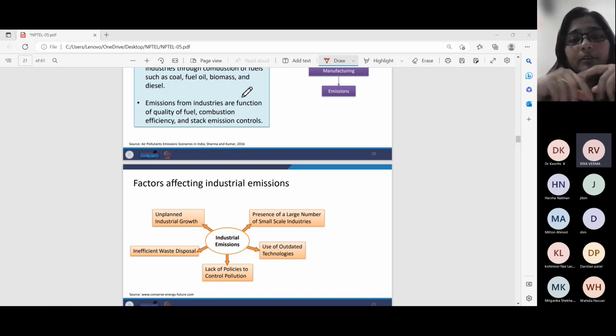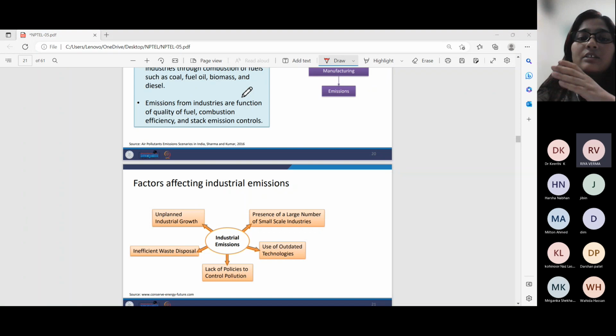Then the presence of a large number of small scale industries. If there's one large scale industry generating some amount of output, and we have, for example, 5-10 small scale industries generating the same amount of output collectively, then comparing both scenarios, the emissions generated from that one large scale industry will be lesser as compared to a large number of small scale industries.